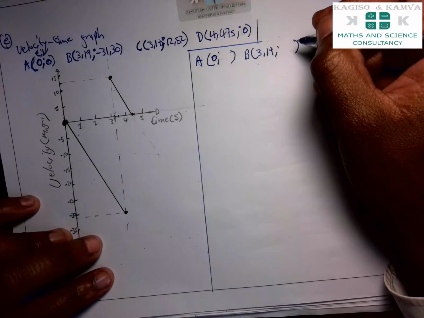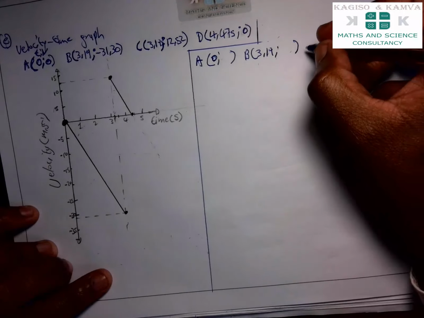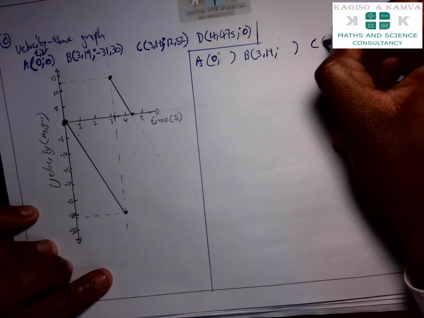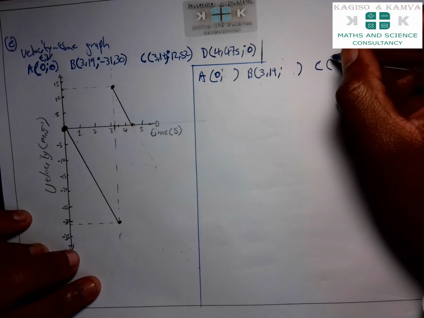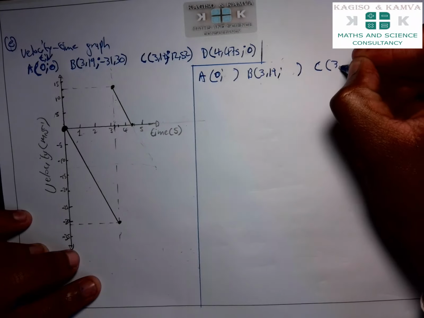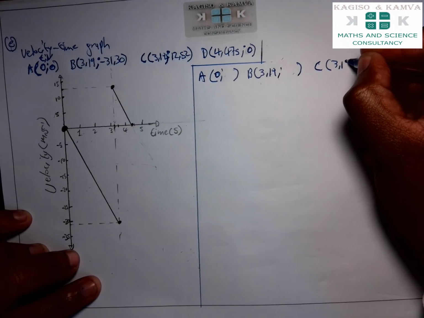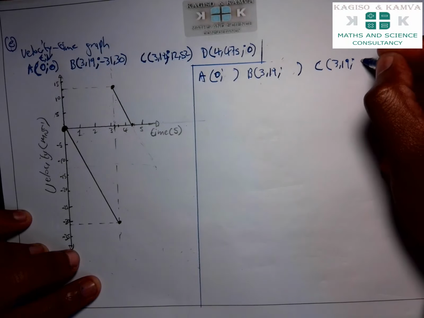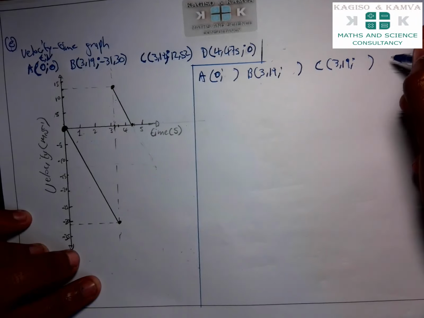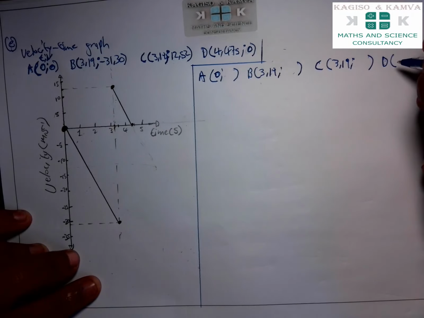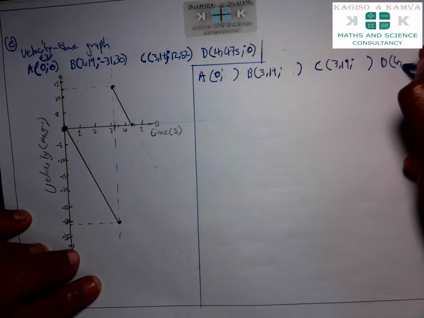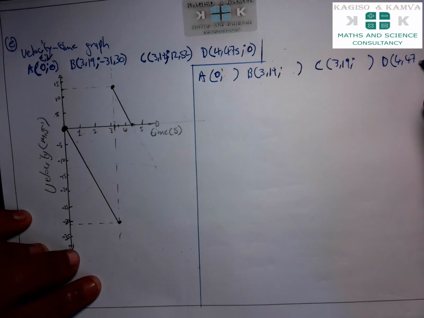At C, what is the time? The time at C is still 3,19 seconds. We need the displacement at that time. Now at D, the time is 4,47. We need to find the displacement.